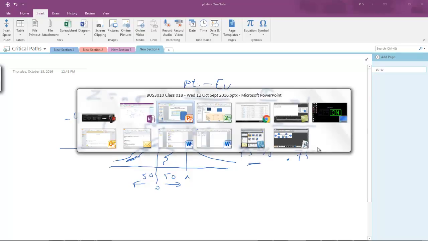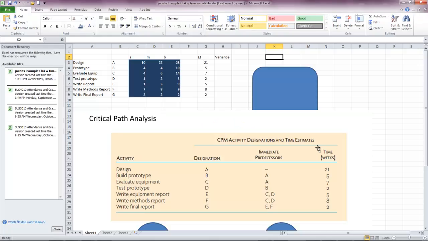Let's go back to Excel and calculate some of these things. We calculated our expected value by the equation that we were given, that I just went over: give me 1 part of A, 4 parts of M, and 1 part of B. Divide that whole thing by 6, and these are our expected times.